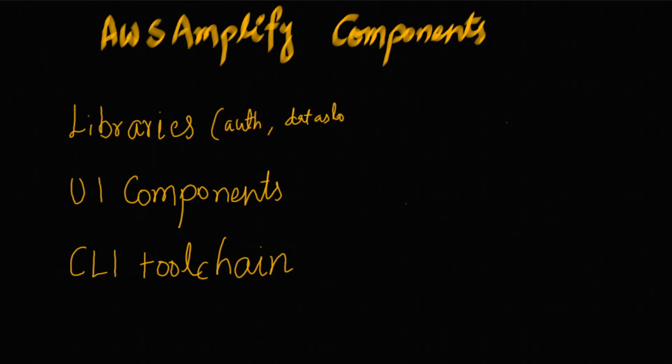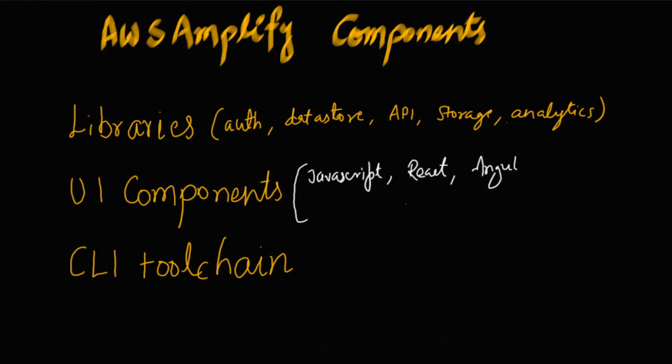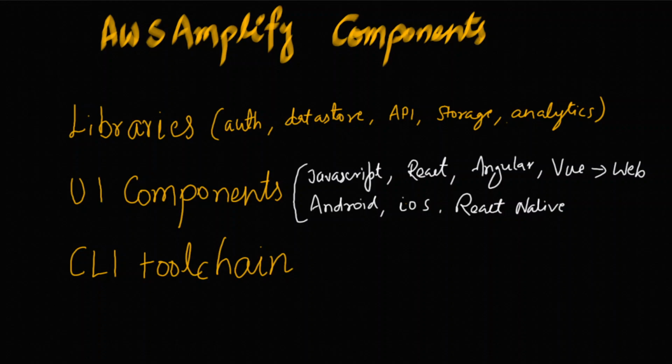Alright, so libraries can be related to authentication, data store, API, storage, analytics, interactions, push notifications, pub subs, predictions, etc. UI components can be JavaScript, React, Angular, Vue.js on a web application site or web platform, and Android, iOS, React Native, and Ionic for the mobile platform.